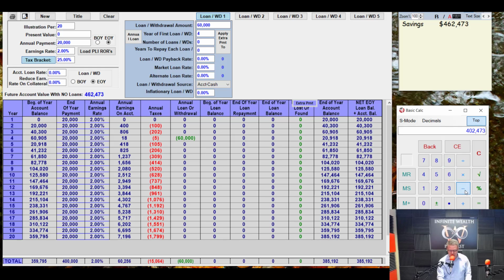In essence, let's just see what that opportunity cost is. 385, 192. You lost the opportunity to earn $17,000. Thus, that down payment didn't cost you $60,000. It actually cost you $77,000.